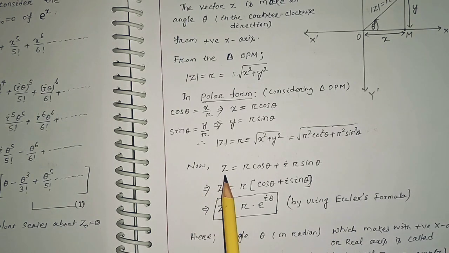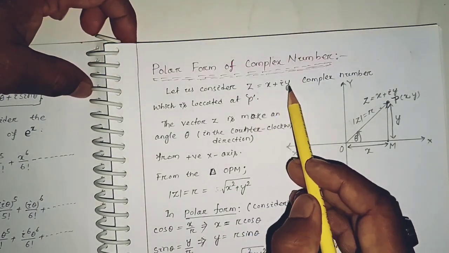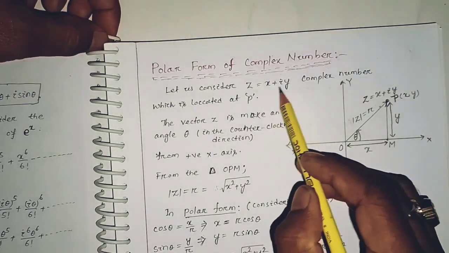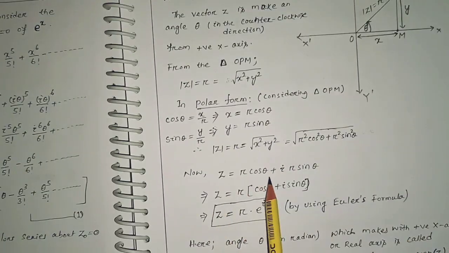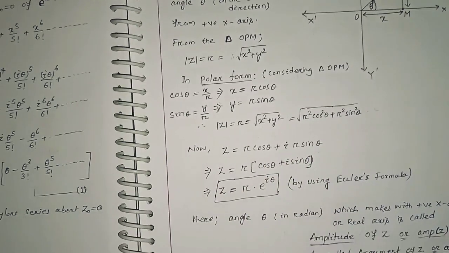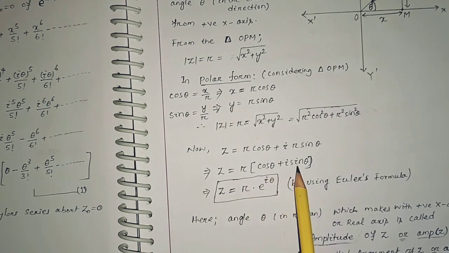Now we are going to represent this complex number in polar form. Initially we represented the complex number in Cartesian form as x plus iy. Here we found x equal to r cos theta, y equal to r sin theta. If I substitute here, z will be r cos theta plus i r sin theta. This is the complex number in polar form. Taking r common, it will be r into cos theta plus i sin theta.